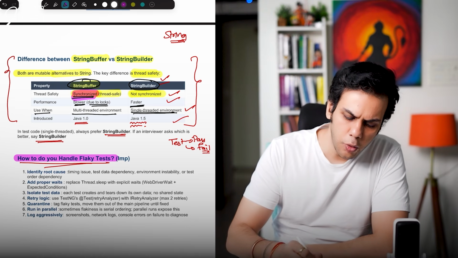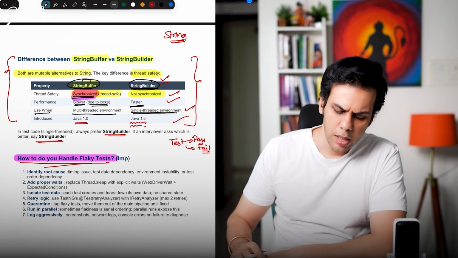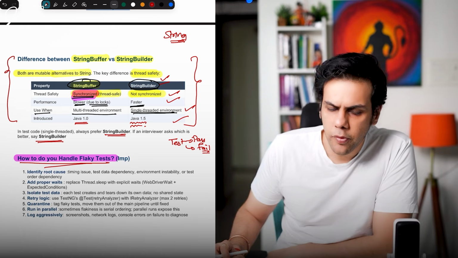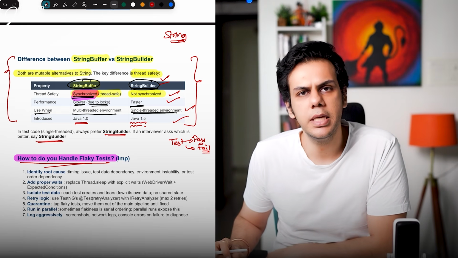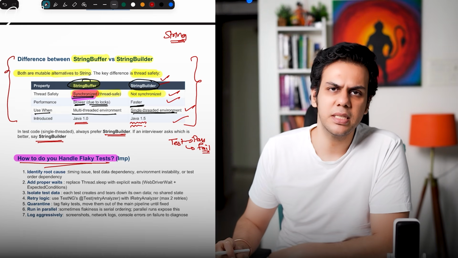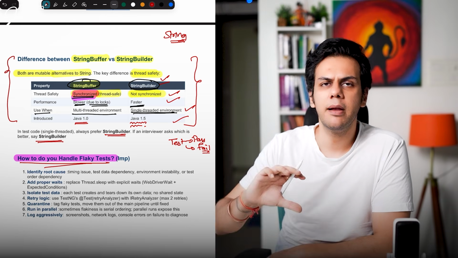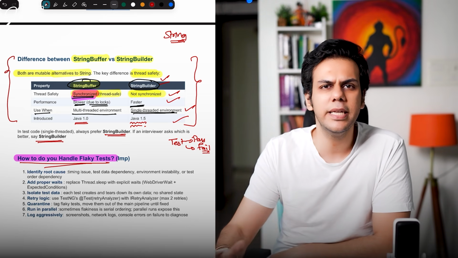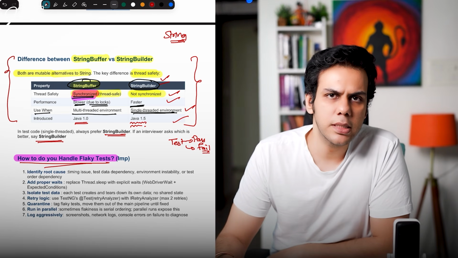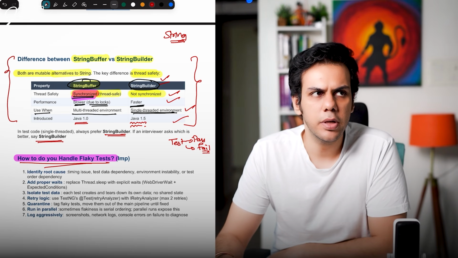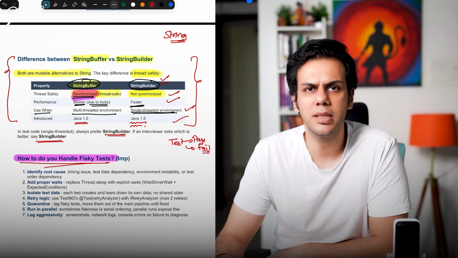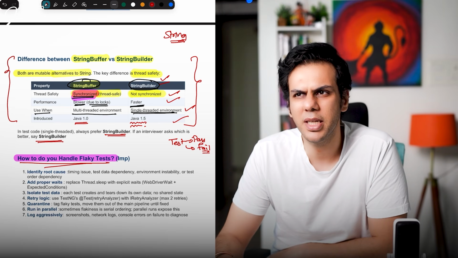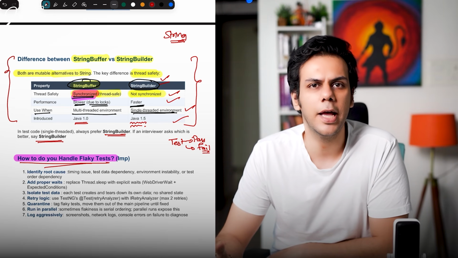Now, as I've said, flakiness basically means sometimes the test passes, sometimes the test fails. Because the tests are not concrete, you cannot trust that particular test. If your CI pipeline passes sometimes and fails sometimes, then it's not something you can really rely on.